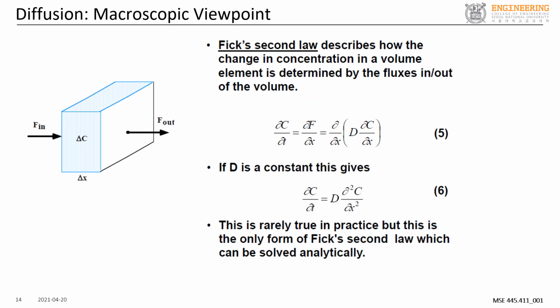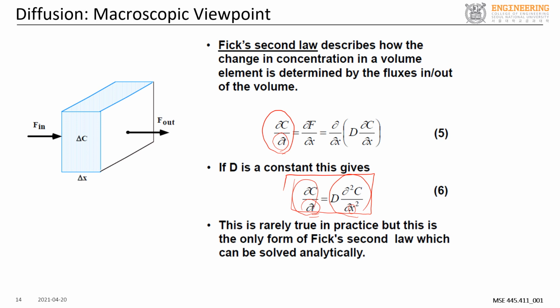So that's Fick's second law. It tells you the change of the concentration at a given location as a function of time, and the equation is basically this one. The left side is the partial derivative with respect to time, t, but the term on your right is the second derivative with respect to x, which is location.